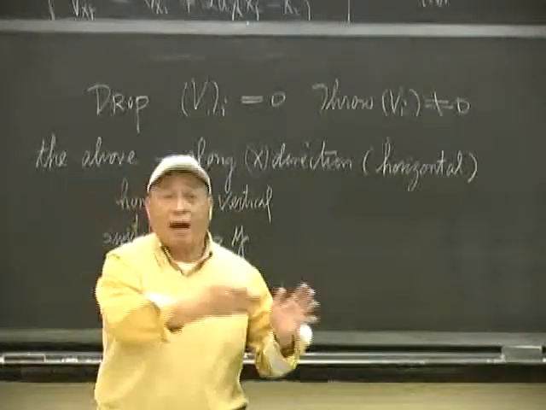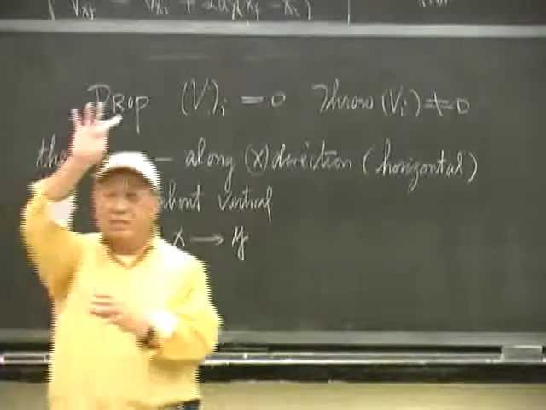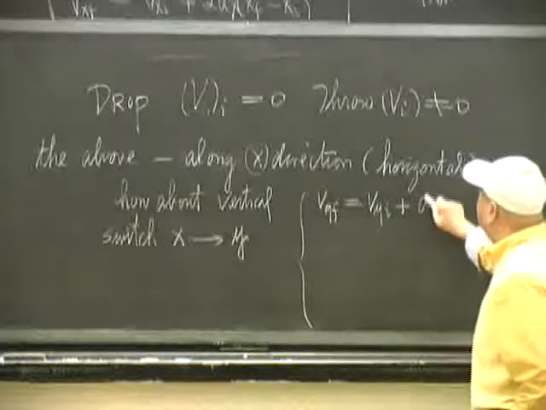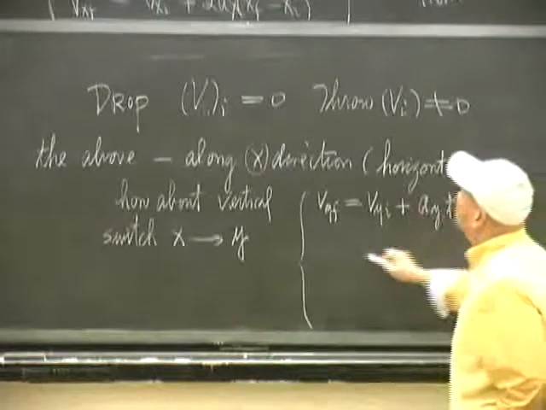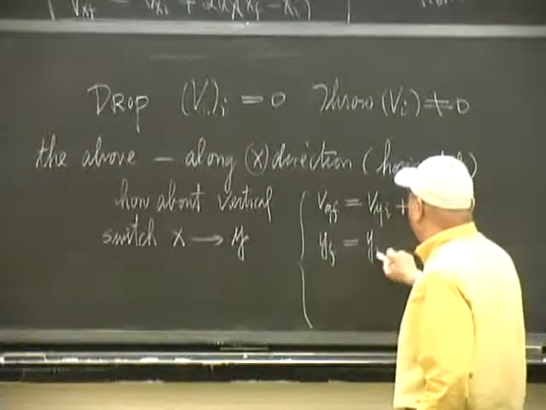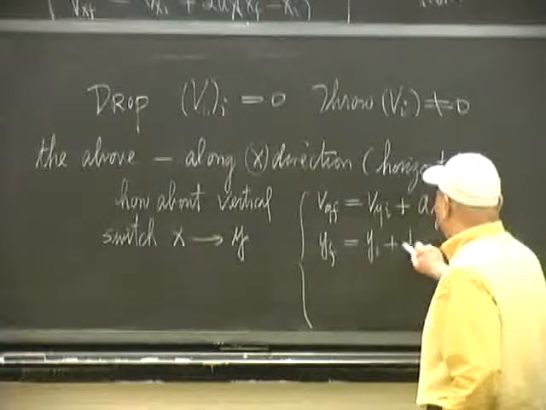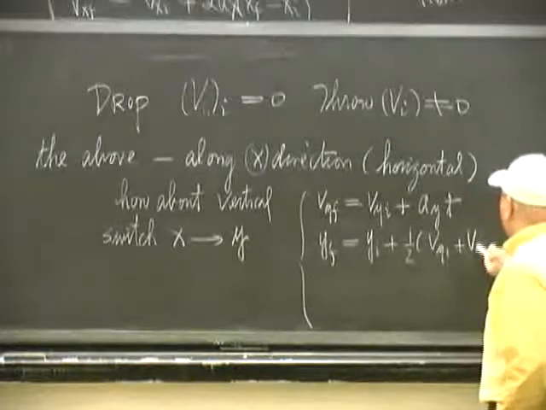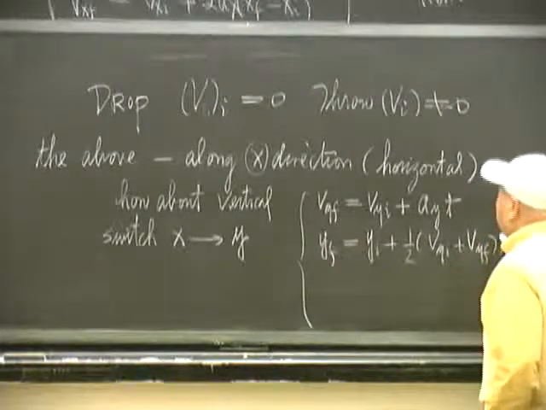So this is what we want you to be aware of. They are along the x dimension; you can change to y. V y f equal to V y i plus a y times t, and then y sub f equal to y sub i plus 1/2 (V y i plus V y f) times t.